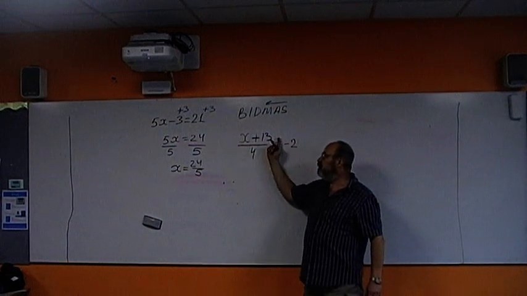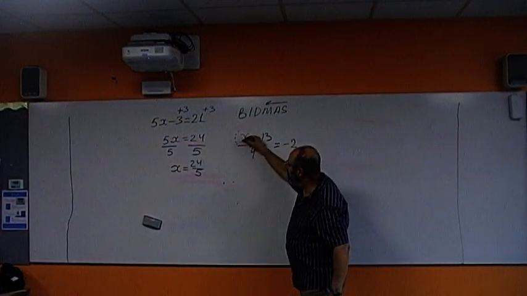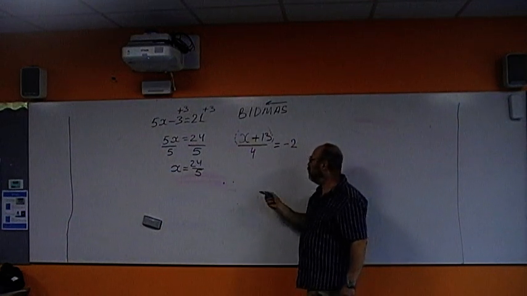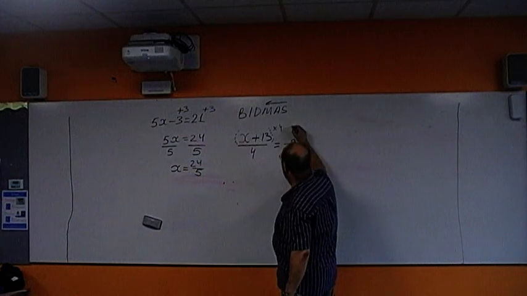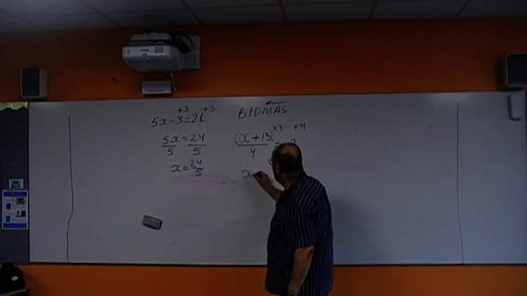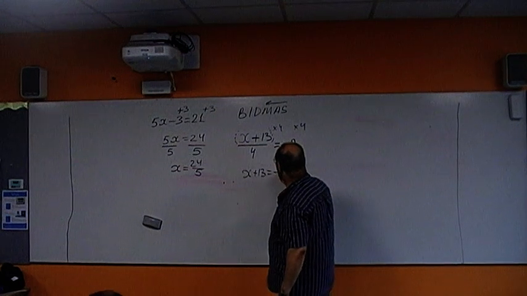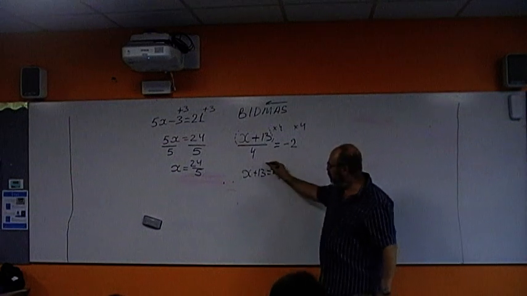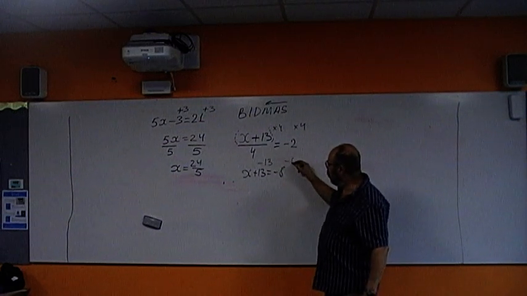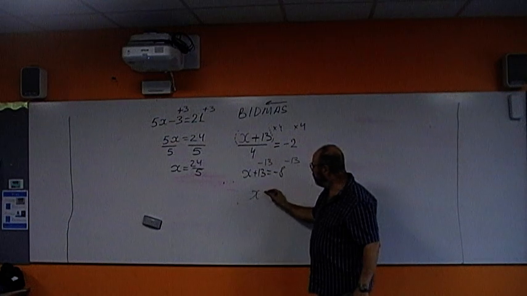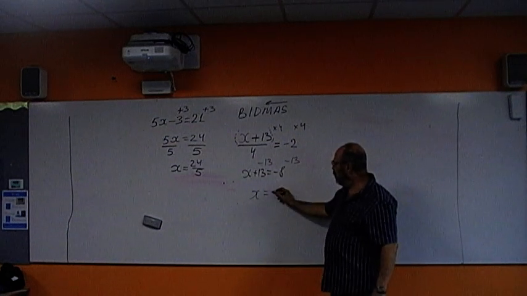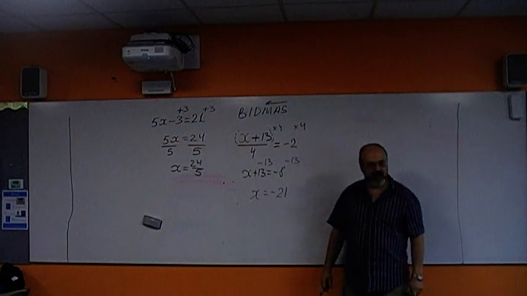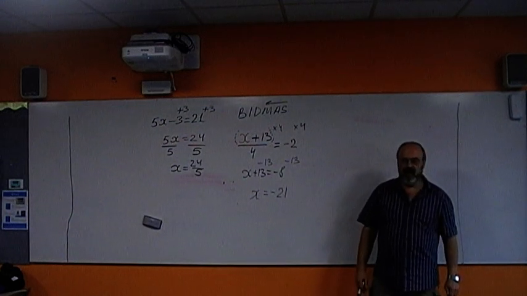Because this is the numerator, it's like invisible brackets, because the whole thing is divided by 4. So we times both sides by 4. We get x plus 13 equals negative 8. And the next step, to get x by itself, we minus 13 on both sides. x will be equal to negative 21.